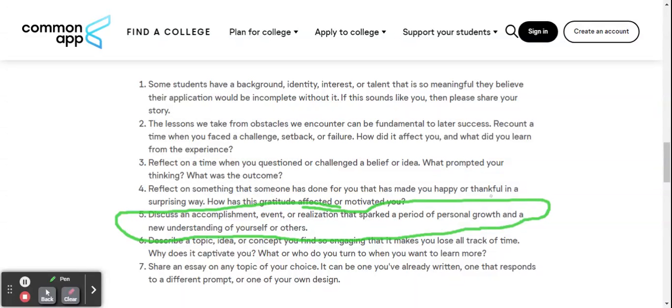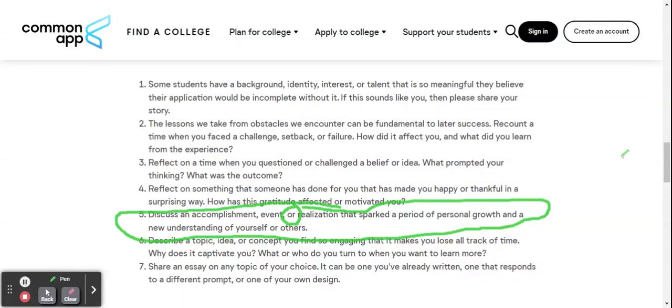Now, back to 5. Discuss an accomplishment, event, or realization that sparked a period of personal growth and a new understanding of yourself or others.